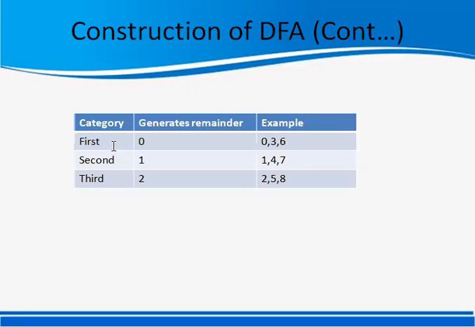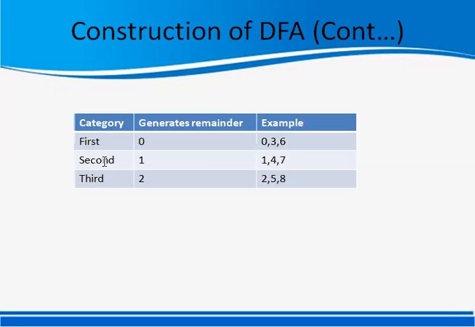What are those categories? The first category will represent the set of all strings that generate remainder as 0. For example, 0, 3 and 6. I have written decimal numbers here.